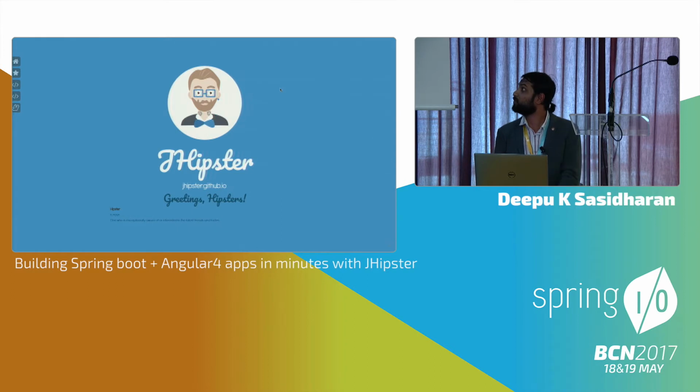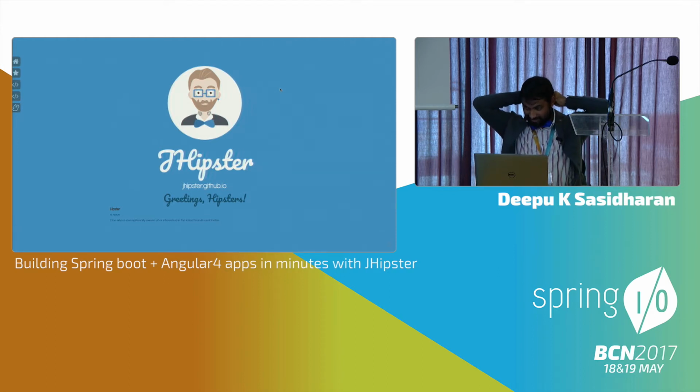So let's get to business. So JHipster. I'm not sure if you have heard of JHipster. We have a great JHipster guy in the room as well, Matt. I'm going to try to be a hipster like Matt. I even bought the bow tie, so I'm going to try to put it on. I don't know how it works. It might look silly, but I'm going to try anyway.